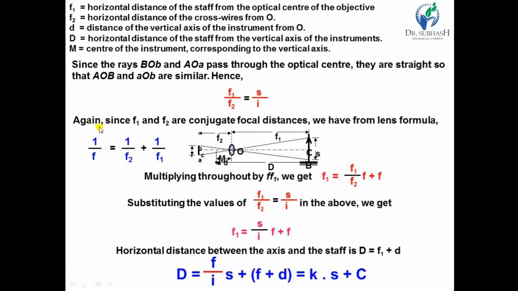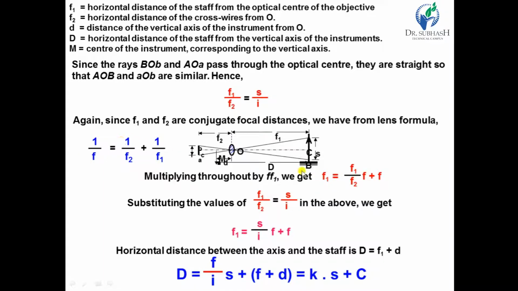Again, F1 and F2 are conjugate focal lengths, and from the lens formula, 1 upon F is equal to 1 upon F2 plus 1 upon F1. But we have the value of F1 upon F2, so first we have to separate the terms. We divide the whole formula by FF1.